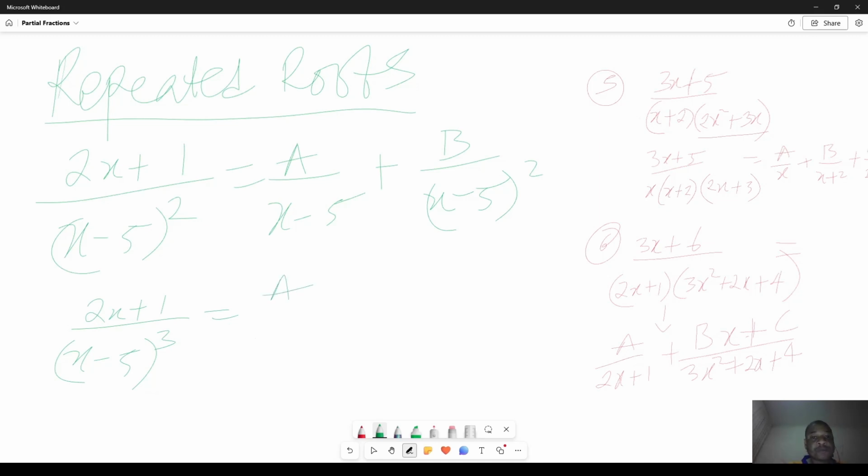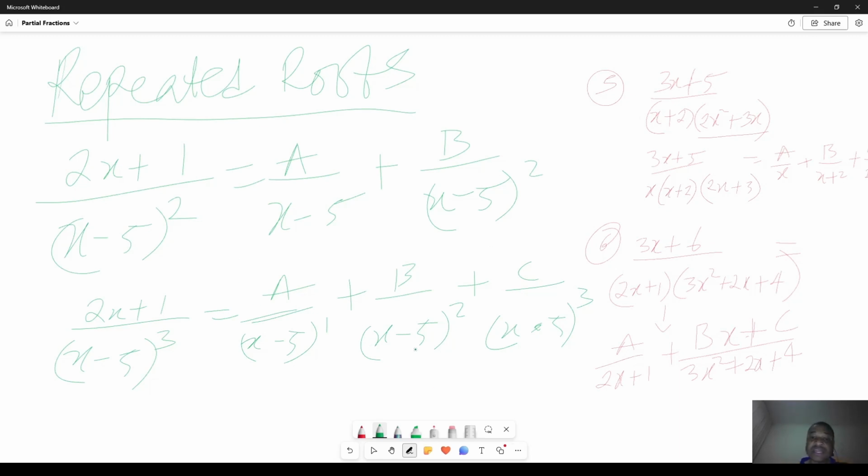So this will be a over x minus 5 to the power of 1 plus b over x minus 5 squared plus c over x minus 5 cubed. So this is called a repeated root. If I have 3, I'll have abc. If I have 2, I'll have ab. Okay, so take note.